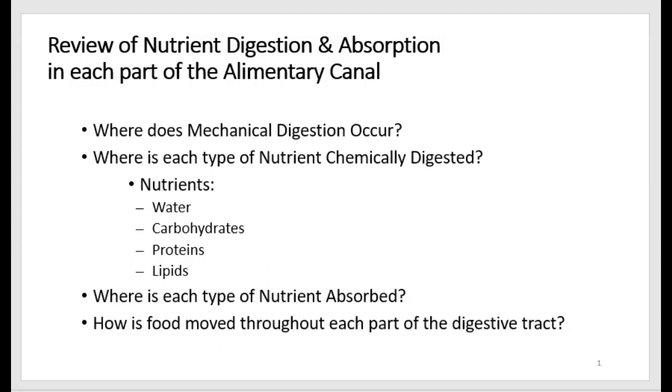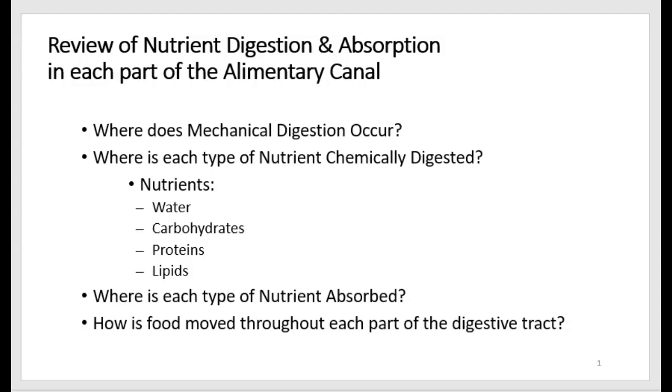In this lecture, I'm going to review nutrient digestion and absorption in each part of the alimentary canal. I know you've got a lot of details, and so we're going to try to summarize it, including where does mechanical digestion occur? Where is each type of nutrient chemically digested?